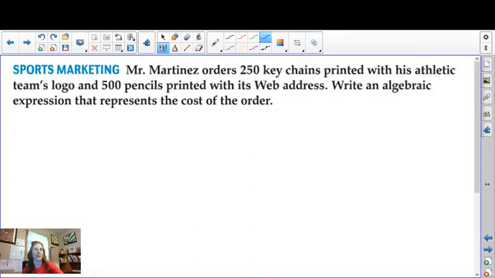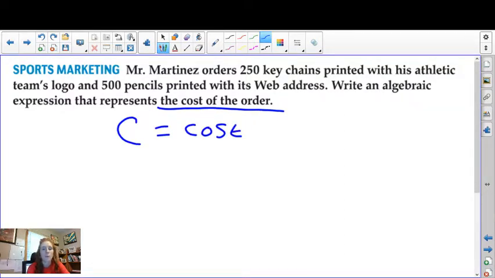Ooh, word problem. We always love word problems. Mr. Martinez orders 250 keychains printed with his athletic team's logo and 500 pencils printed with its website address. Write an algebraic expression that represents the cost of the order. So I'm going to say right away, C is equal to cost. Well, what other key ideas are in here?